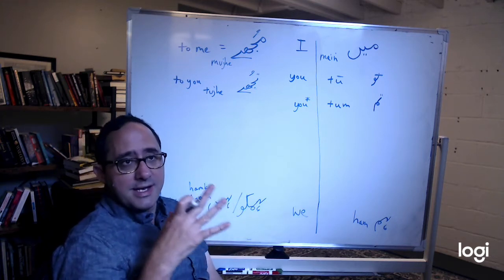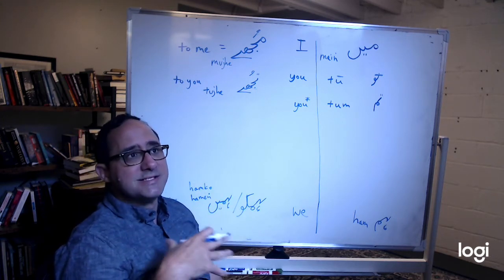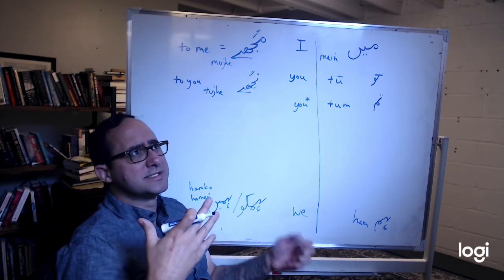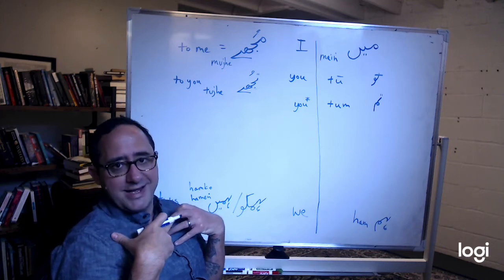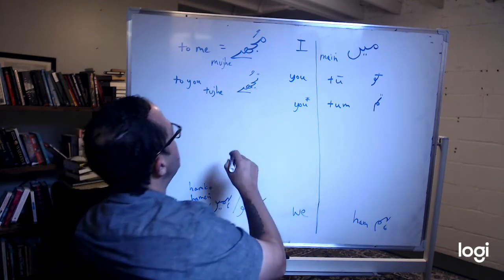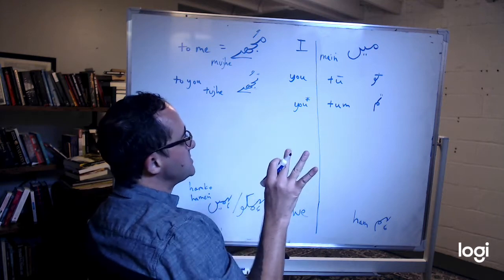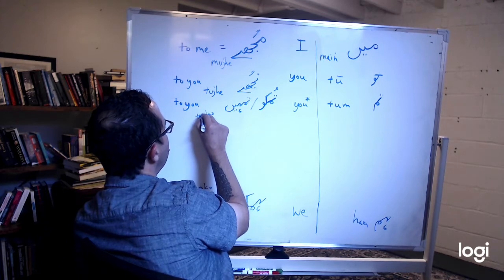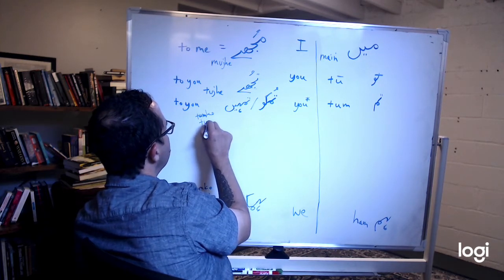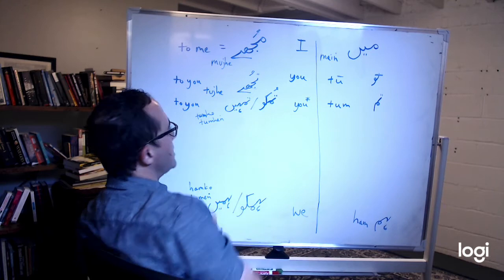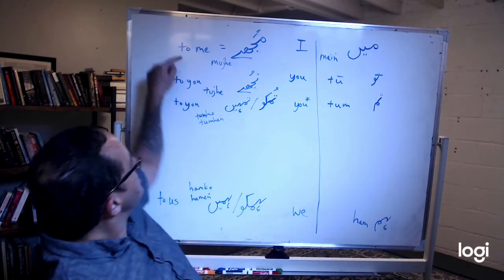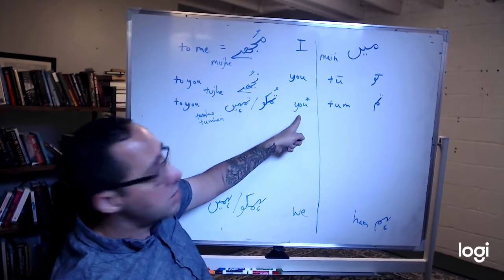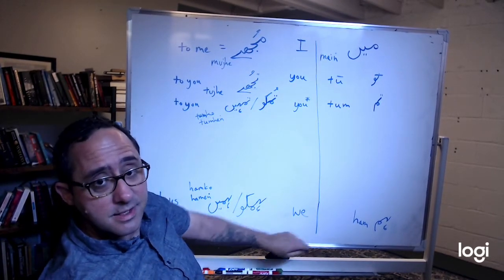Plural in Hindi or Urdu means politeness, kind of like how the king says we when he means me. There are two forms, tumko and tumhe. Remember: to me, to you, to us. I, you, we.